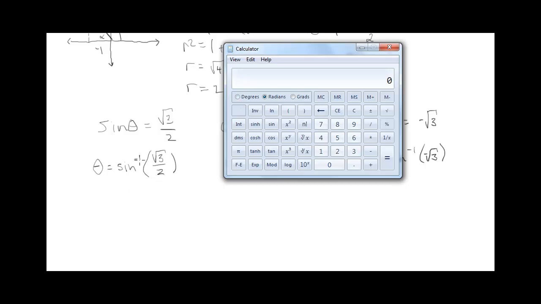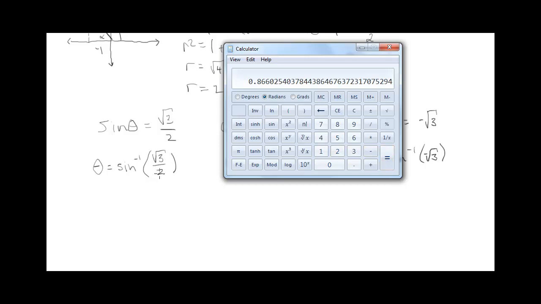So in order to figure out the inverse sine of this number, the way this calculator works is I have to input the value first. I want the square root of 3, so I say 3 square root, divided by 2, and that's equal to 0.86.